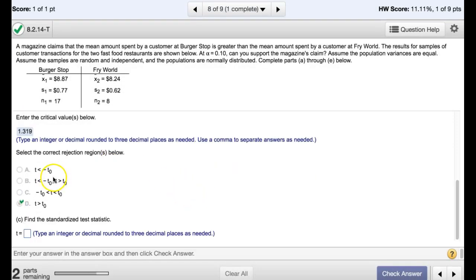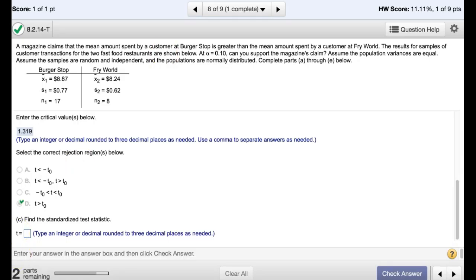All right, so now what we need to do is find our standardized test statistic. So in other words, depending upon the type of test that we're doing, we need to find out what our standard error is, and we also need to find our test statistic value. And so this is what we're being asked to find here.